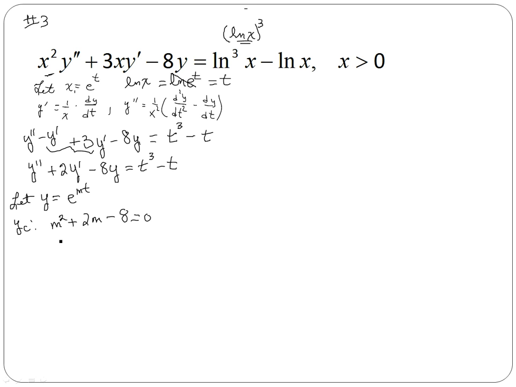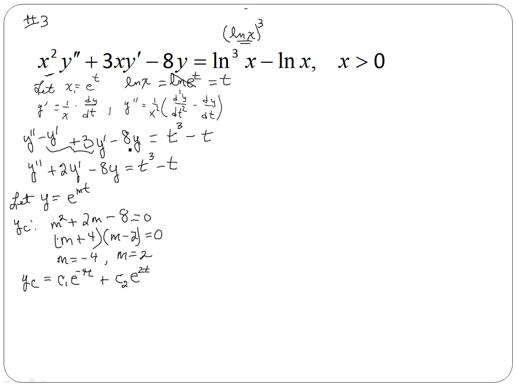M squared plus 2m minus 8 factors into m plus 4 times m minus 2. And then setting your factors equal to 0 and solving, you'll get m is equal to negative 4 and m is equal to 2. So your characteristic solution is c1 e to the negative 4t plus c2 e to the 2t.